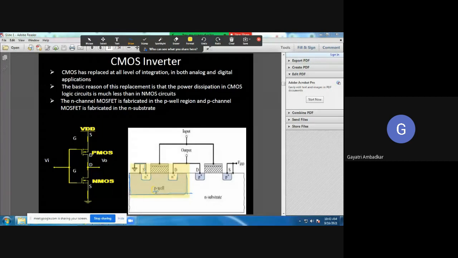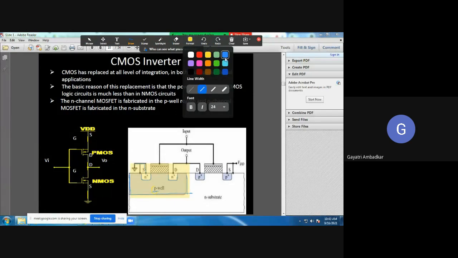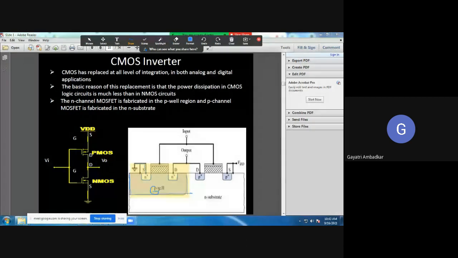NMOS substrate is made up of P-type semiconductor. So this is your P-type semiconductor. This is the substrate of that NMOS, and in that there are two N regions formed with N-type semiconductor doped heavily. You know, substrate and the source are connected together and we connect them to ground potential. So this was the source and this was the substrate. Both are connected together and they are grounded.